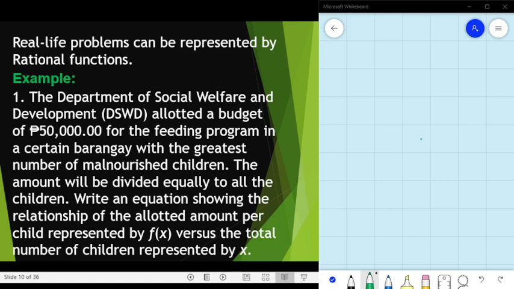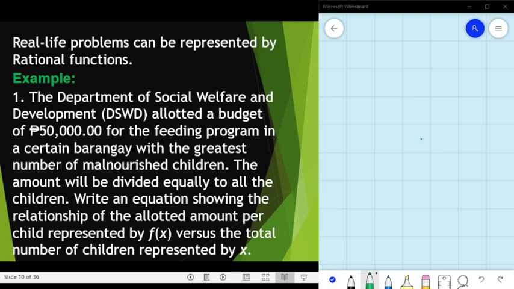The amount will be divided equally to all the children. So write an equation showing the relationship of the allotted amount per child represented by f of x versus the total number of children represented by x.